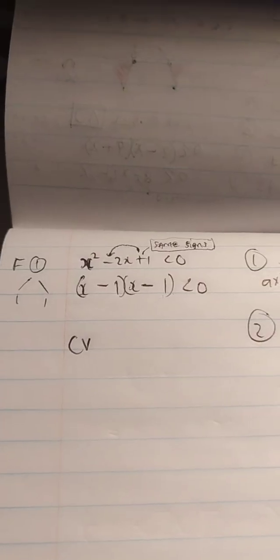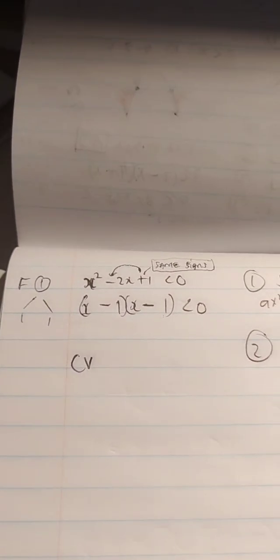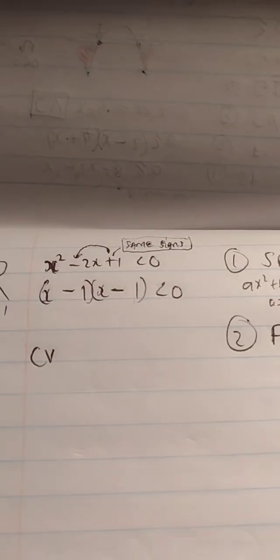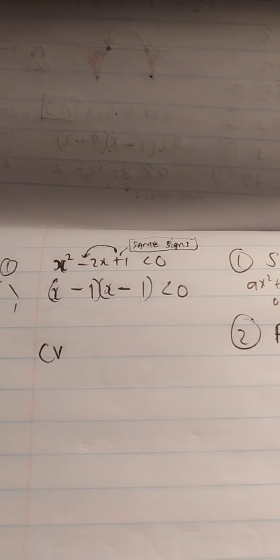Because it tells the person marking your work that what you are doing right now is trying to get the critical values using the quadratic formula. For those who use the quadratic formula, you must write CV, then go ahead and use the quadratic formula to solve. I hope that's clear and you are hearing me very well.